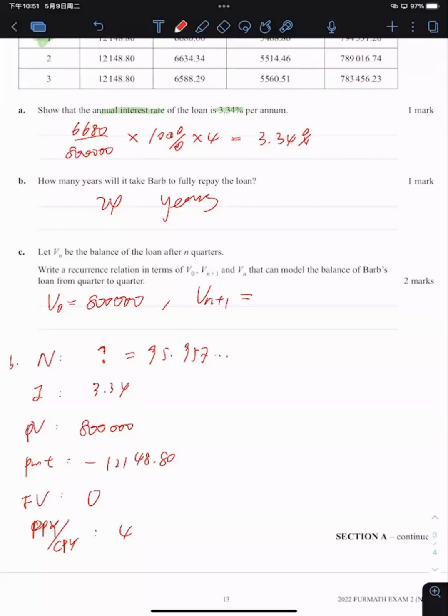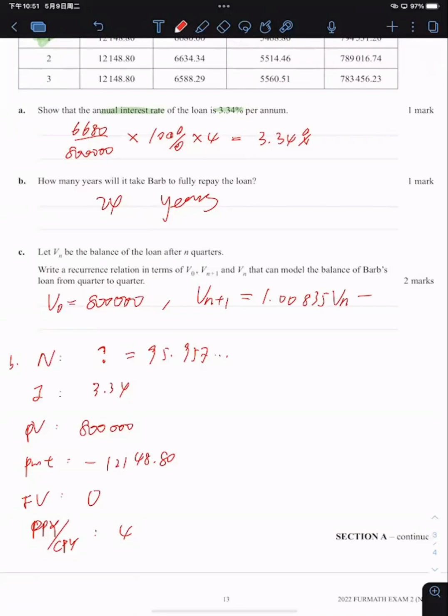So it would be 6680 divided by 800,000, converted into decimals, and that is the number 1 plus it. Finally, you find 1.00835 Vn.